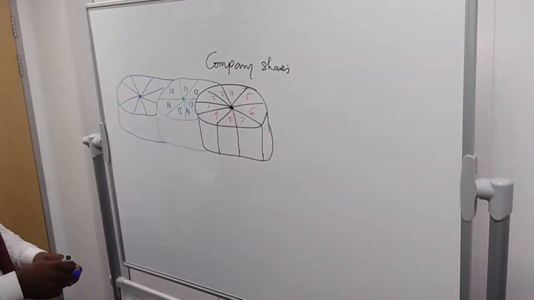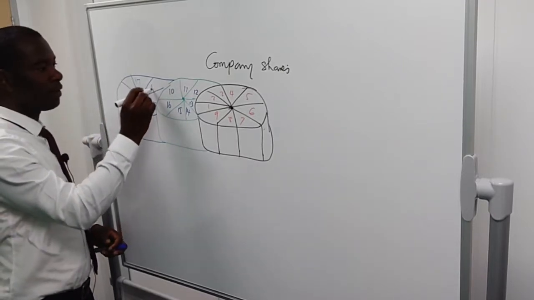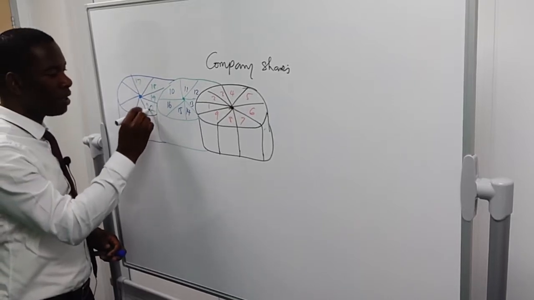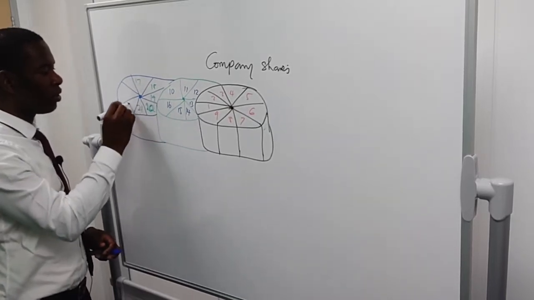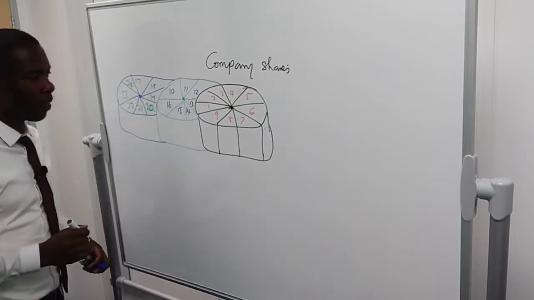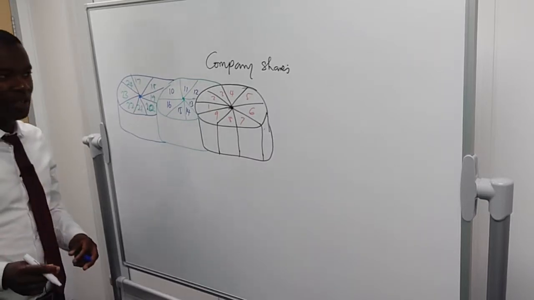So now we have 17, 18, 19, 20, 21, 22, 23, 24 shares.